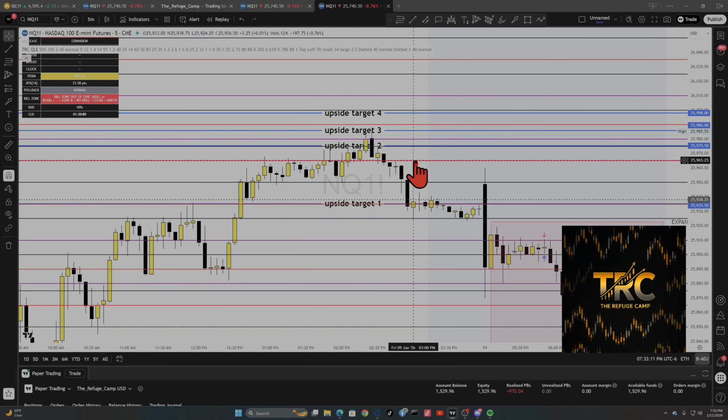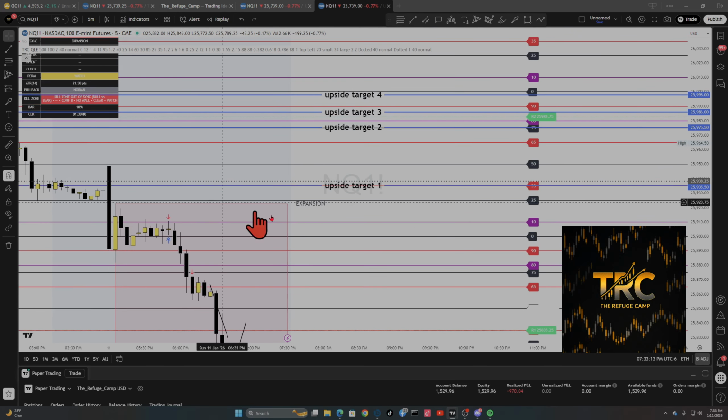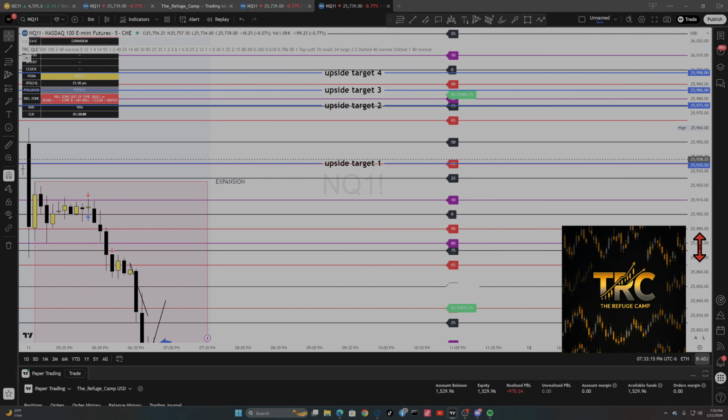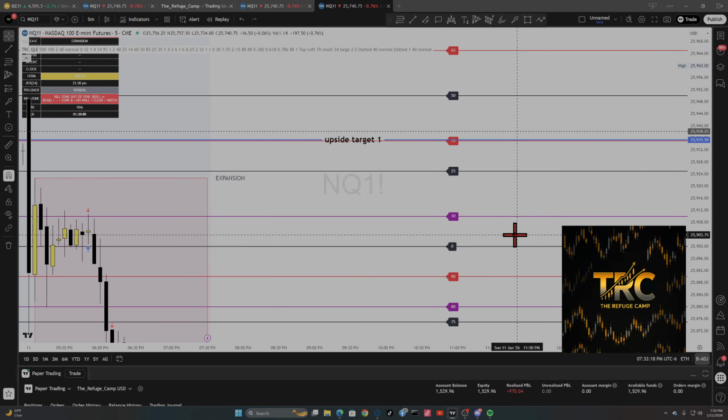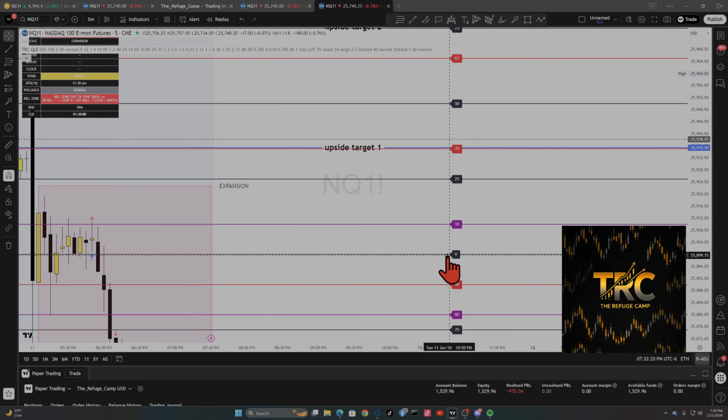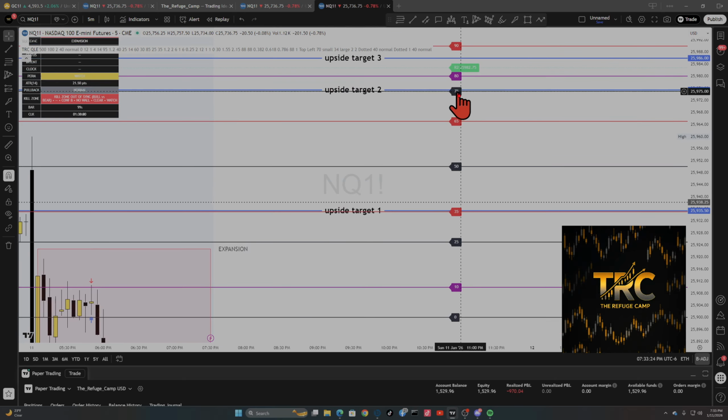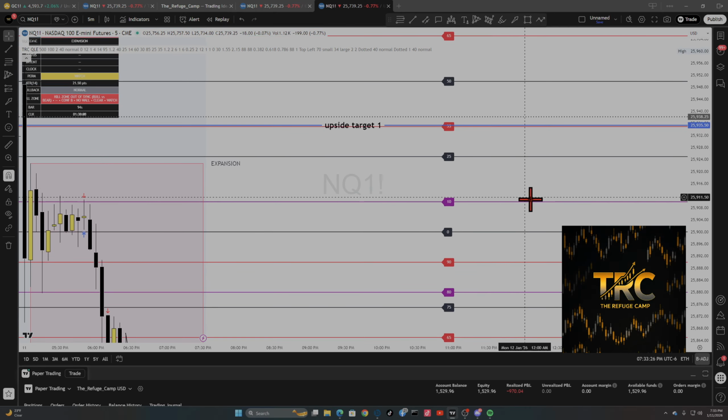Let's go down and break down what quarter levels are. These quarter levels are just the black tag numbers, the 0, the 25, the 50, and the 75. That means NQ trades in price increments of 100 points, right? So we got 25,900 all the way up to 26,000.